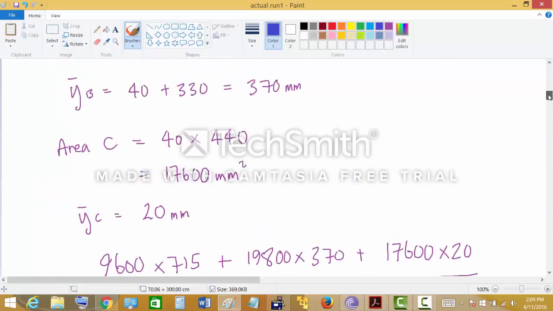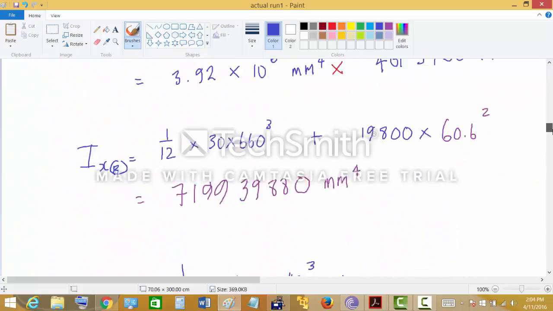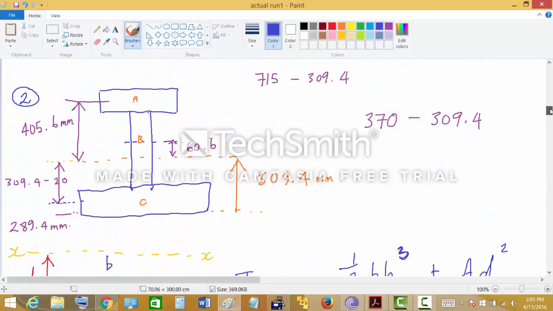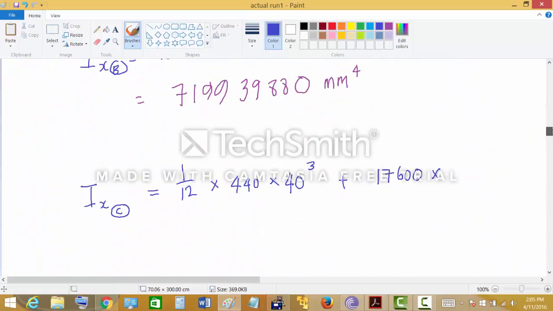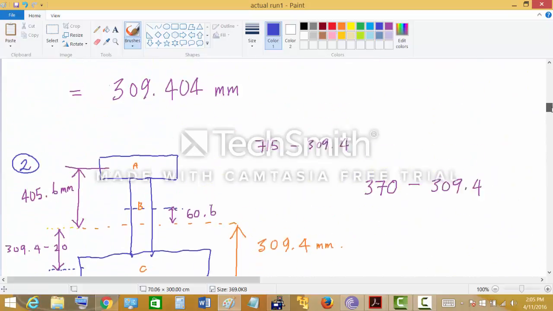The area of C is 17,600. And distance from the centroid is 289.4, and we have to square that.